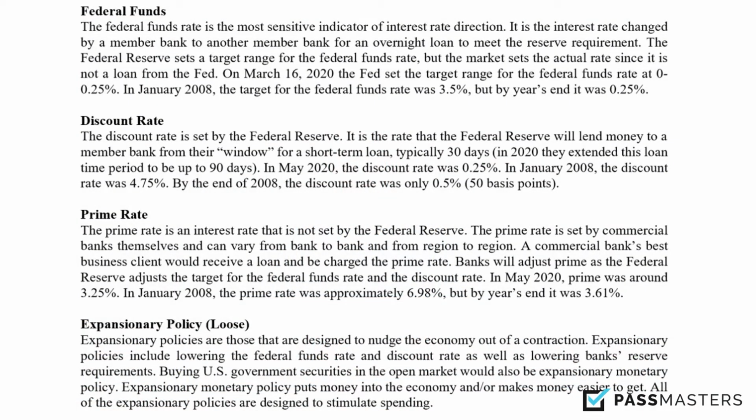Some numbers related to the discount rate set by the Fed: in May 2020, the discount rate was 0.25%, a historical all-time low. In January 2008, the discount rate was 4.75%.